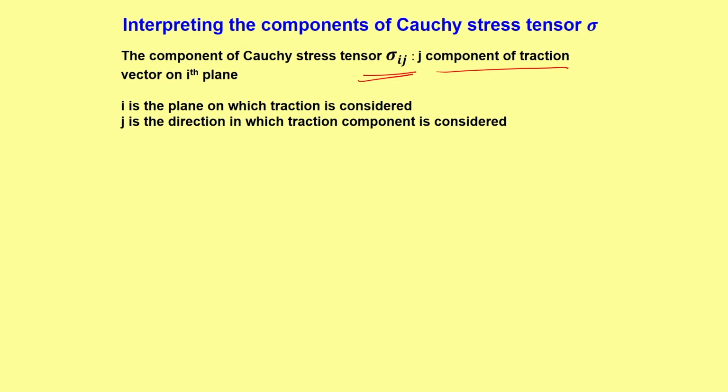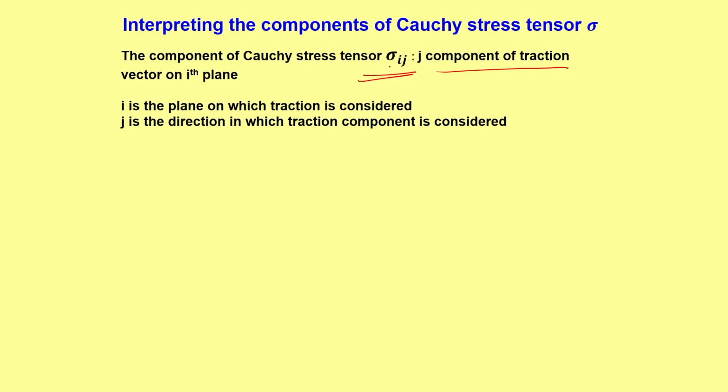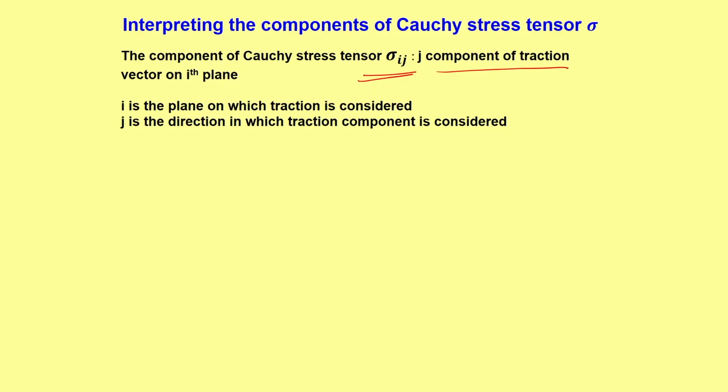It can be x, it can be y, it can be z. So, it is the j component of traction vector acting on ith plane. So, first index i shows which plane it is associated with, which plane means which is the normal, and j is the direction of that component, direction of the component of traction vector. So, i is the plane on which traction is considered, j is the direction in which the traction component is considered.